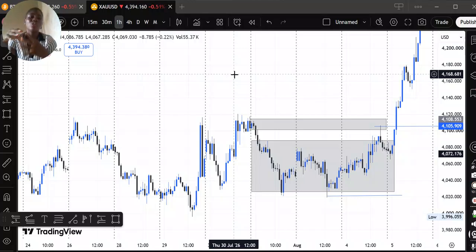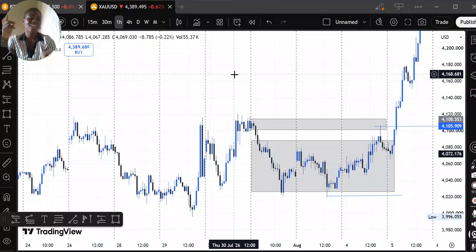So these are just things you need to look out for when you're dealing with your breaker blocks. So fair value gaps creating fair value gaps opposite each other, when you're supposed to just test that one and then bounce off that area, and then it creates another instead of just bouncing off that area. You know that what's likely to happen is a change in the whole picture you had, or the whole setup you had, because price was originally supposed to just fill that imbalance and then bounce off, right?